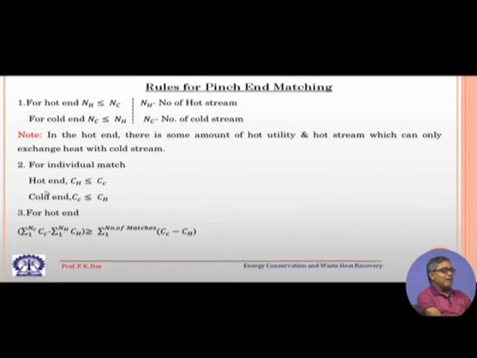For an individual match at the hot end, the hot stream heat capacity rate CH should be less than the cold stream heat capacity rate for a particular match. Similarly, for the cold end we have a similar formula for all the matches. That means we have to satisfy this kind of criteria for all the matches, and this will be explained further.